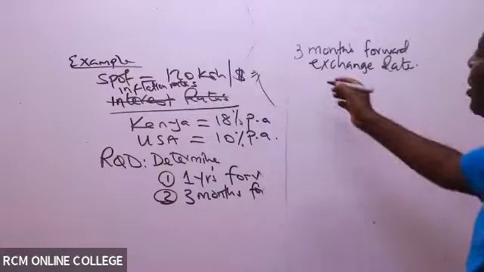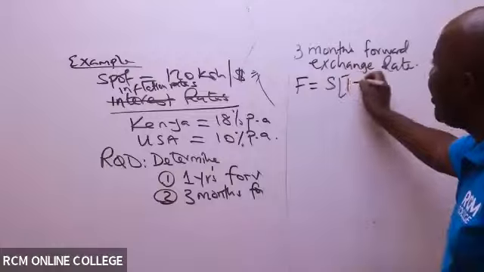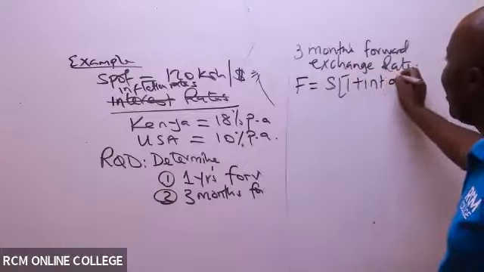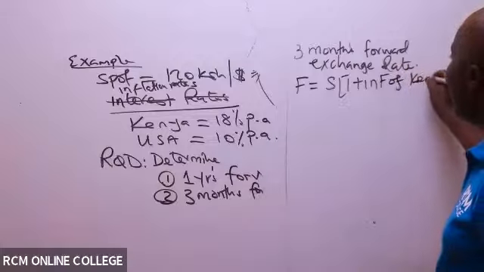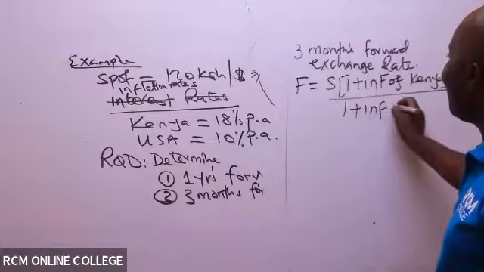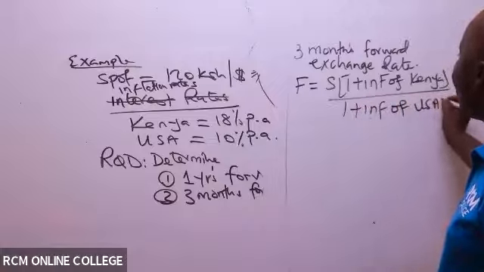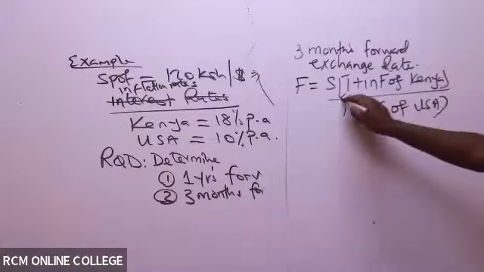The same thing. Start by writing the formula. F is spot into 1 plus interest, not interest but inflation. Inflation of Kenya all over 1 plus inflation of USA, like that.